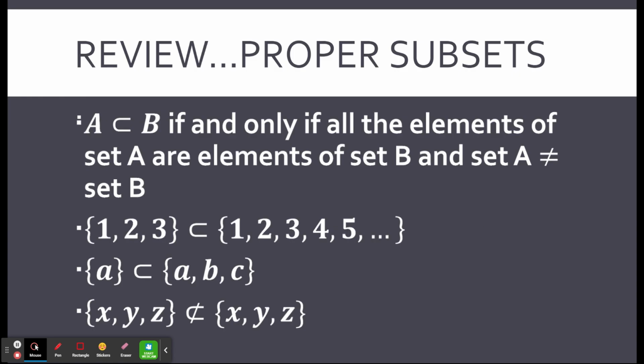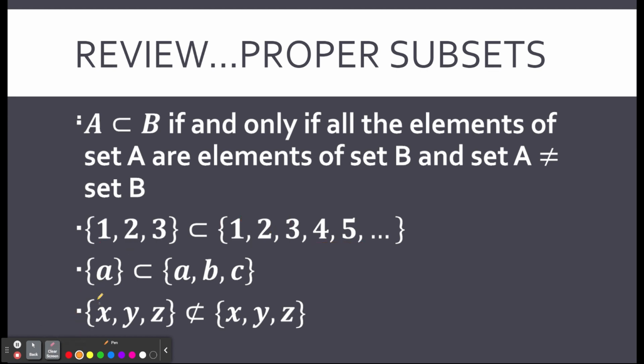First off, to define infinite sets, we have to be able to set up a proper subset of a set, and let's review what that means. You can see in this example, 1, 2, and 3 are a proper subset of this series because there's the 1, there's the 2, there's the 3, they're all part of it.